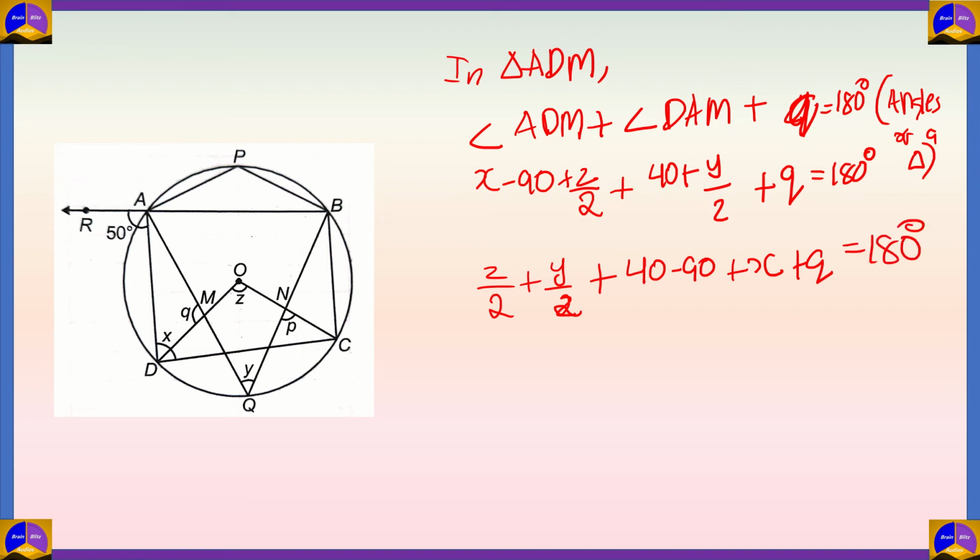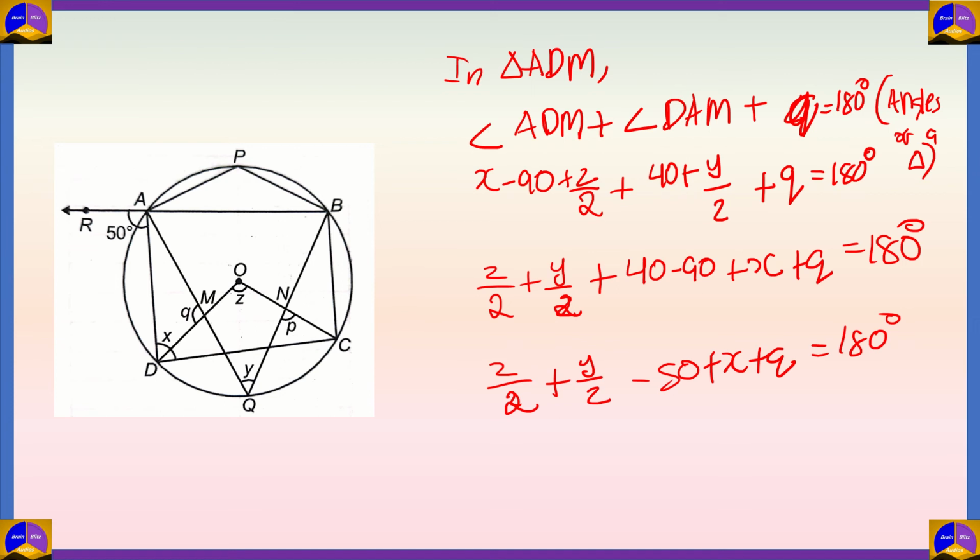Let's put the divided-by-2 terms together first, Z by 2 plus Y by 2, and we can write 40 minus 90 as minus 50, plus X plus Q is equal to 180 degrees.